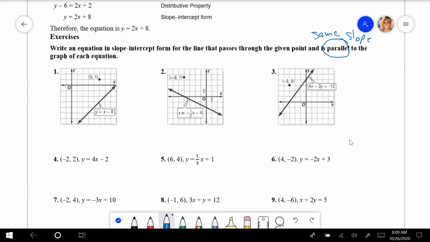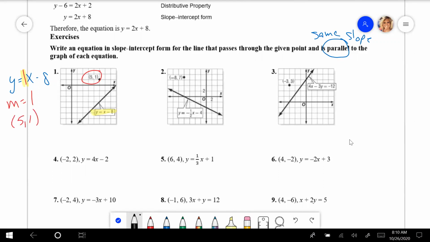So when I look here, that equation is y equals x minus 8. The slope is always the number that's in front of the x. Well, in this case, there's not a number there. Anytime there's not a number, that's a 1 because that means there's 1x. So we're going to use m as 1, and then we're going to use this point for x1 and y1. So we have 5, 1.